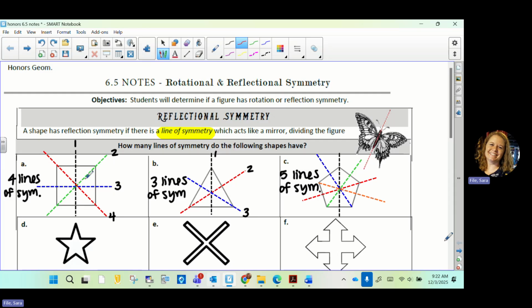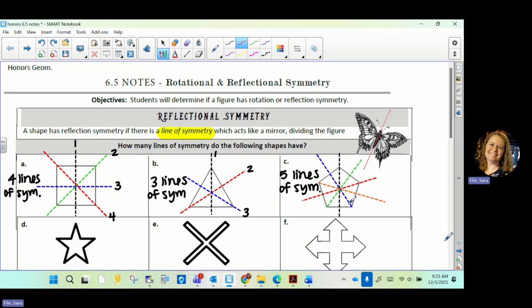So a square is a regular quadrilateral. An equilateral triangle is your regular triangle where all 3 sides are the same, all 3 angles are the same. Okay, and this is a regular pentagon. All 5 sides are the same length, and all 5 angles are equal measure.